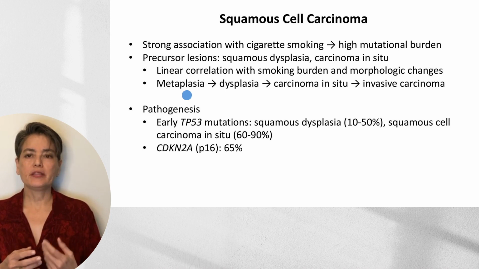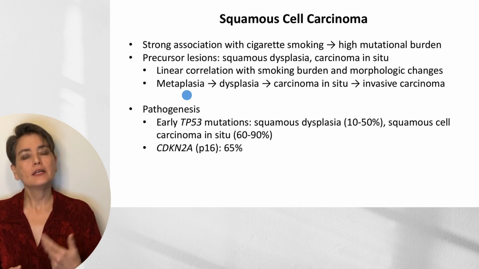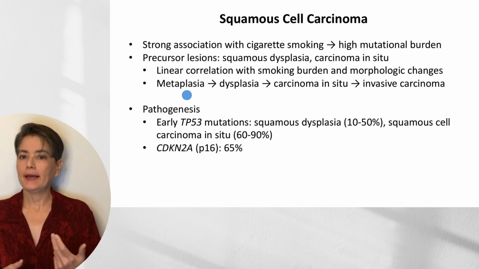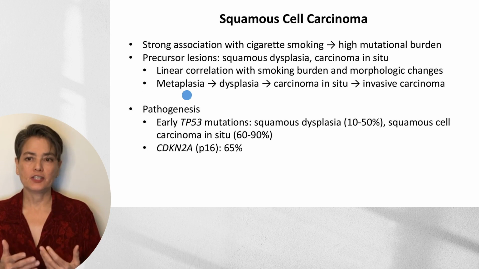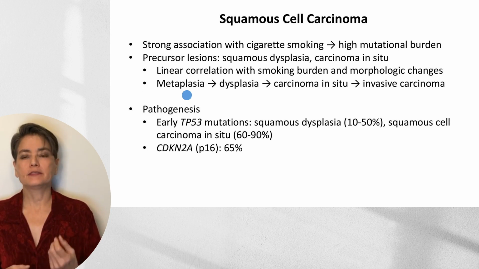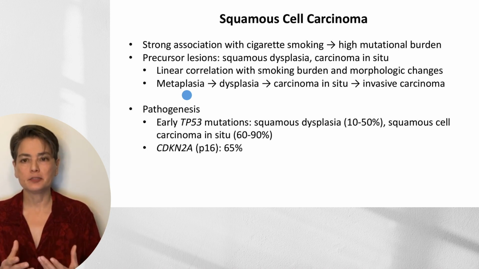The bronchial epithelium is delicate and is not able to withstand the injury from the toxins in cigarette smoke, so it will undergo squamous metaplasia. And as you learned in Chapter 1 of Robbins and Kumar Basic Pathology, metaplasia is fertile soil for the development of dysplasia, and dysplasia can lead to carcinoma in situ and invasive carcinoma.